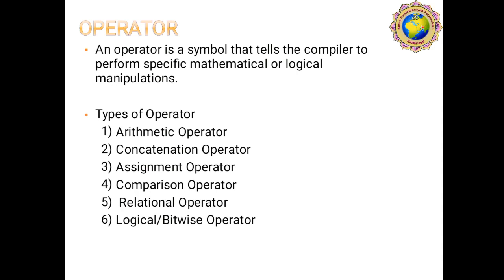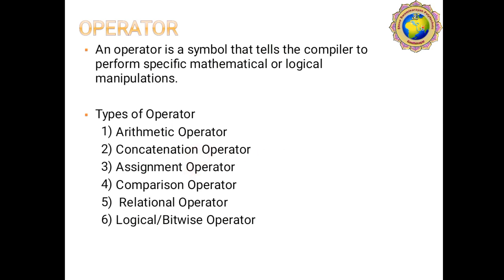The various types of operators are, first of all, the arithmetic operator. The second is the concatenation operator. Concatenation means merging the data of our variables; the concatenation operator is defined as merging two pieces of data into one. Third is the assignment operator.